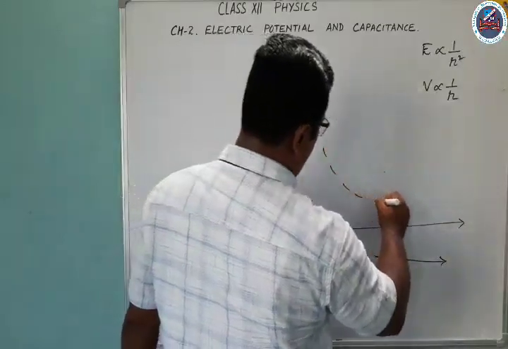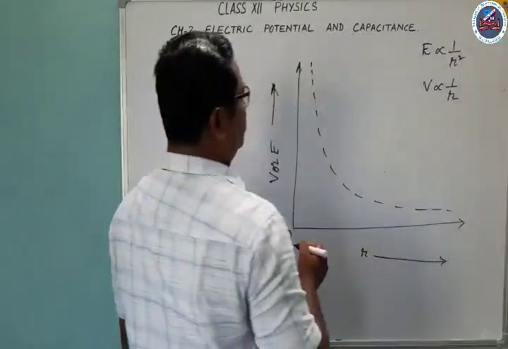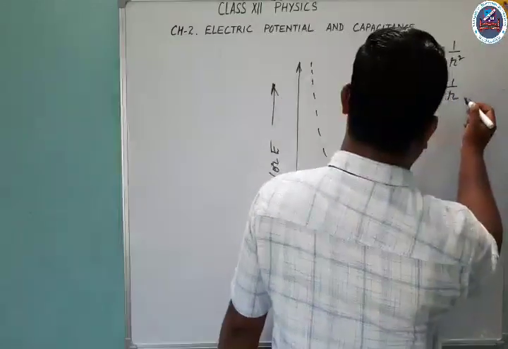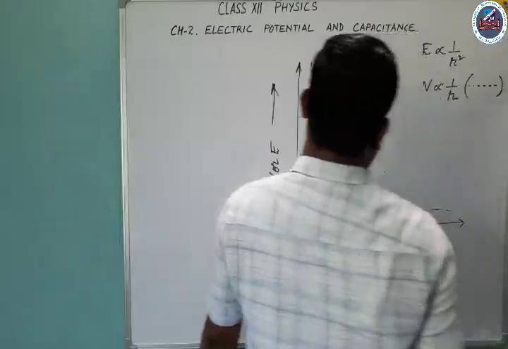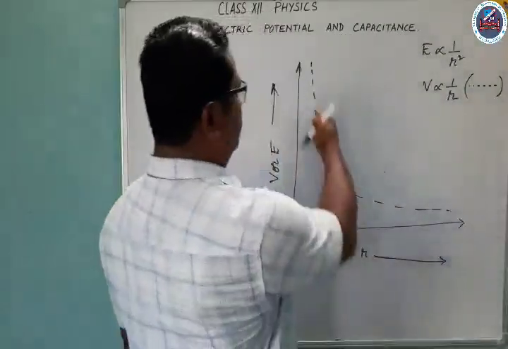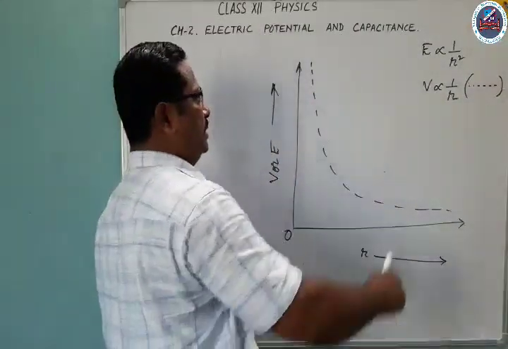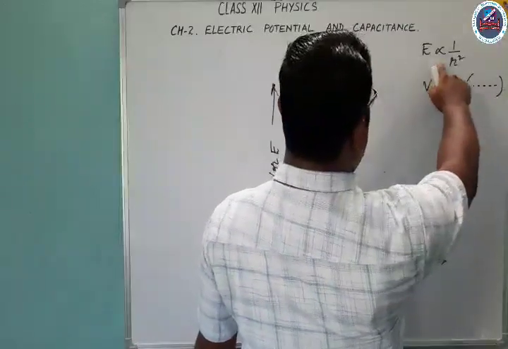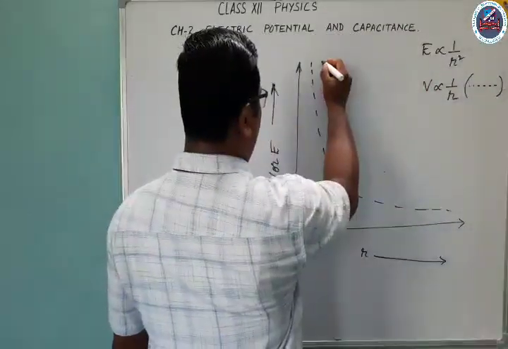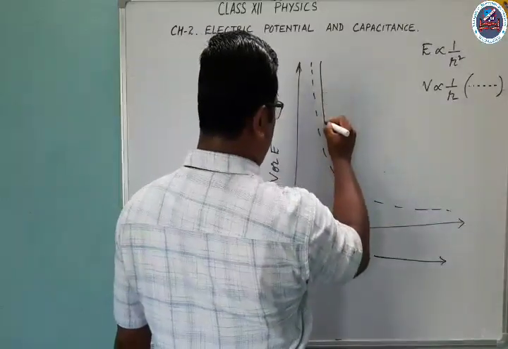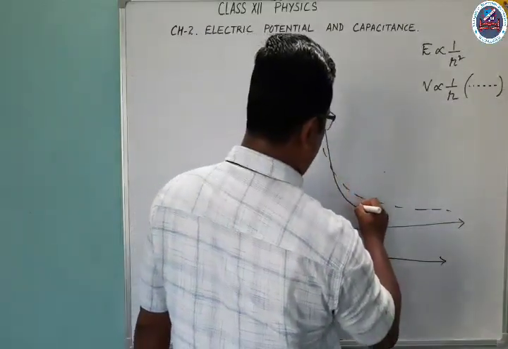One curve I am drawing this way with dotted line, that is indicating potential. Inversely proportional to r, it will look like this. Whereas E, the electric field intensity, and distance, if you take it, then it will look somewhat like this. I am drawing a solid line.